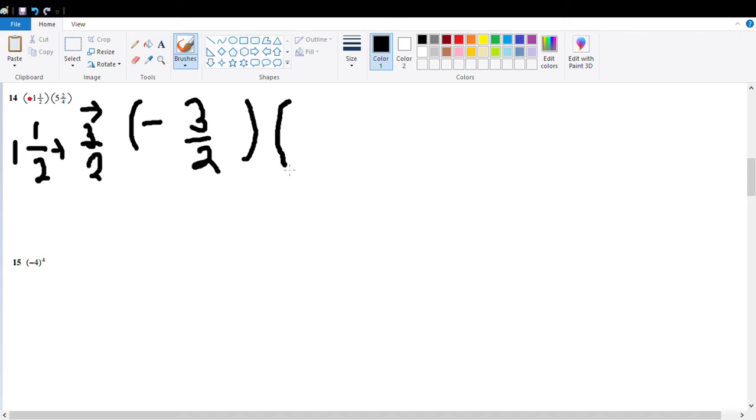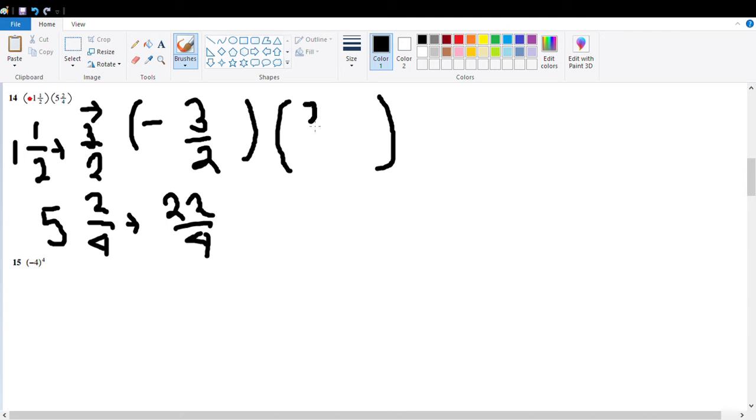And then let's move on to the next fraction. We have 5 and 2/4. Again, we're going to just keep the sign, in this case positive, so you don't need to write a sign here. And now we simply change our mixed number to improper. 5 and 2/4 is basically 5 times 4 is 20, plus 2 is 22, and then it's going to be 4.